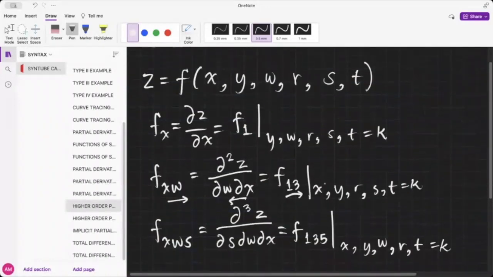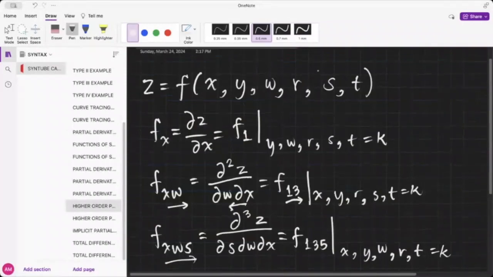Let's say you want to get naman the partial derivative of the function with respect to s. Okay? So, x, w, dagdagan mo lang na s. So, again, left to right, ito, 1, 3, 5, f5, kasi fifth variable yung s dito. Left to right. Then, everything else except s is a constant. Then, dito naman, it's right to left sa notation na to.